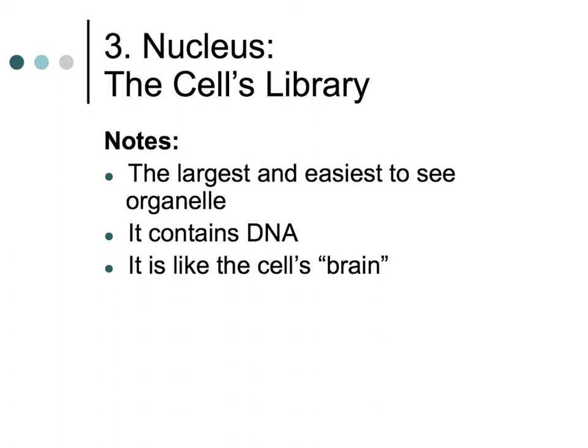So it acts like the cell's brain. It contains something called DNA. You may or may not have heard of DNA. We will learn more about it later. But DNA basically controls the cell. It determines what the cell is going to be like, what it's going to do. So that's why the nucleus is kind of like the brain of the cell.